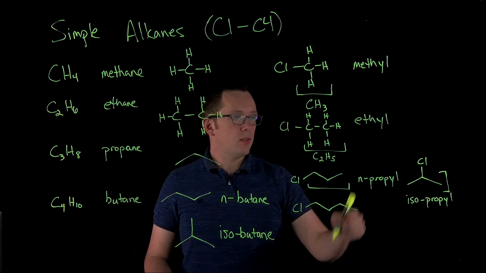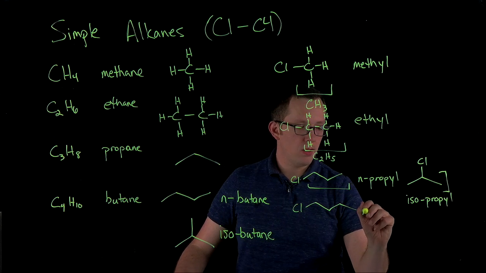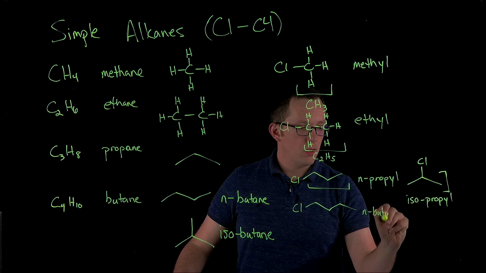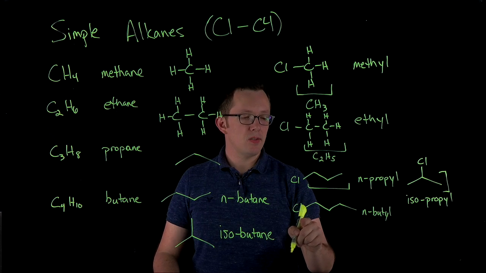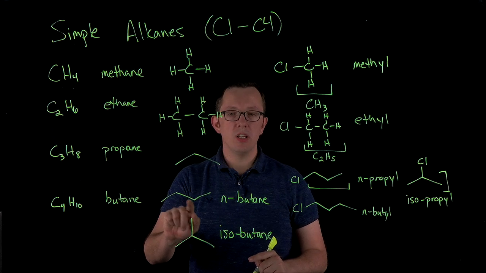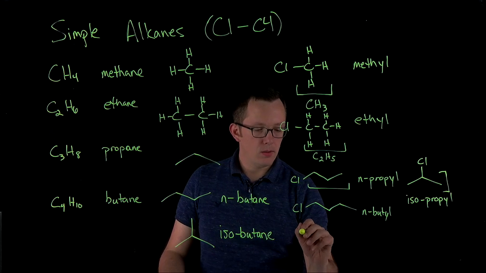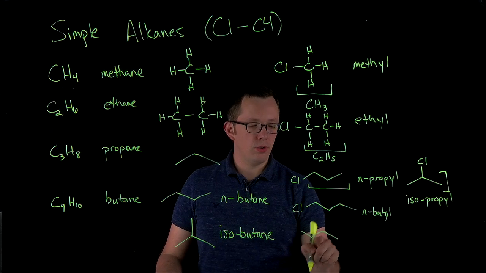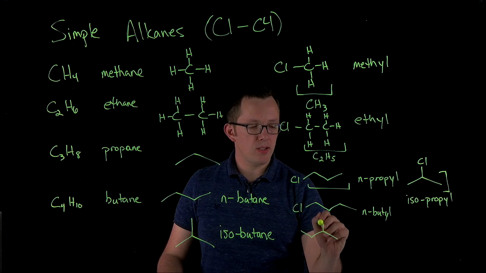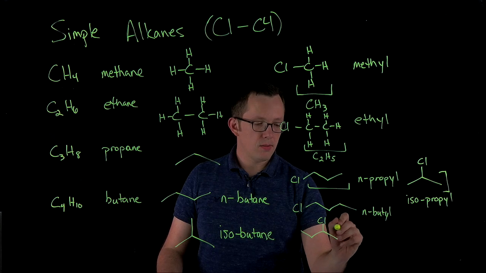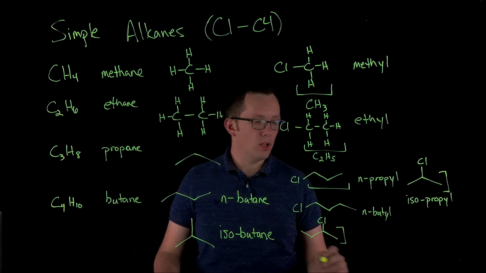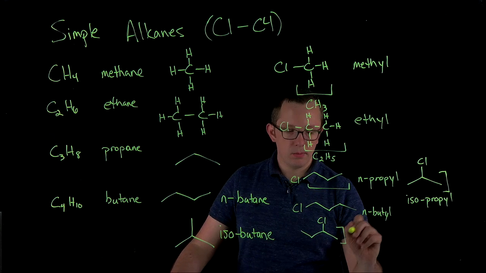So just like n-propyl, this will be n-butyl, right? If we replace one of the hydrogens in the middle, so 1, 2, 3, 4 carbons, this side chain, as we're going to call it, is now going to be called sec-butyl.